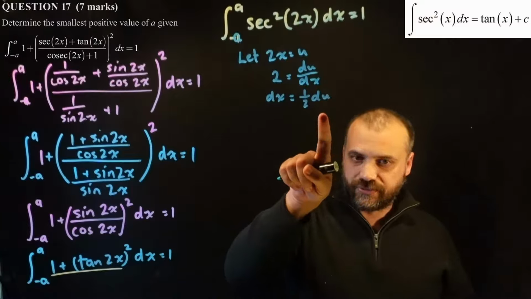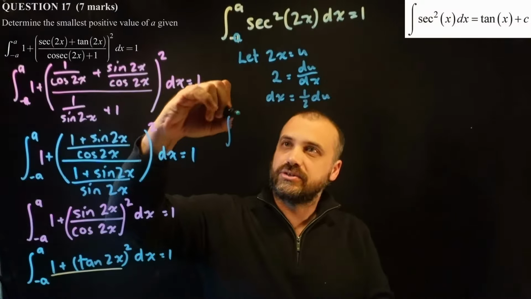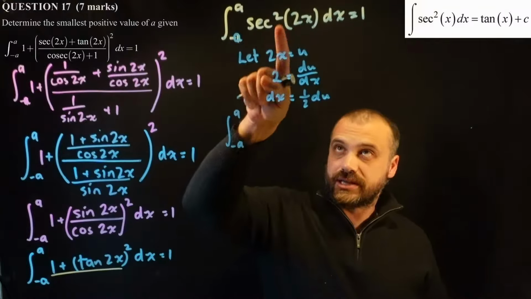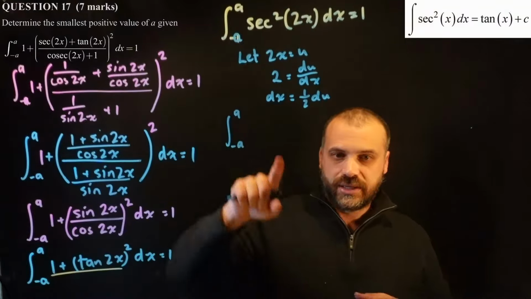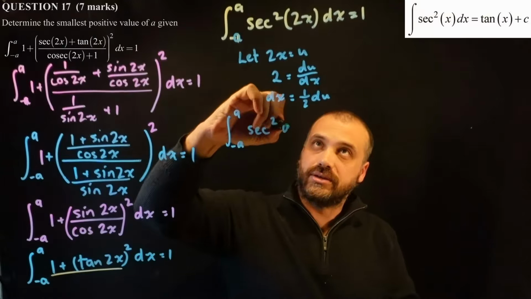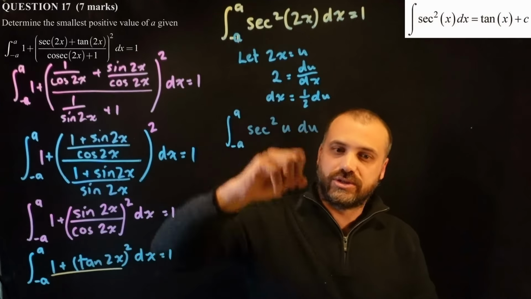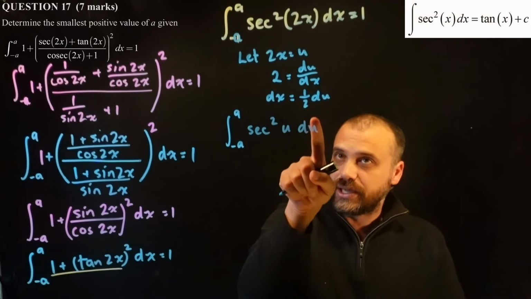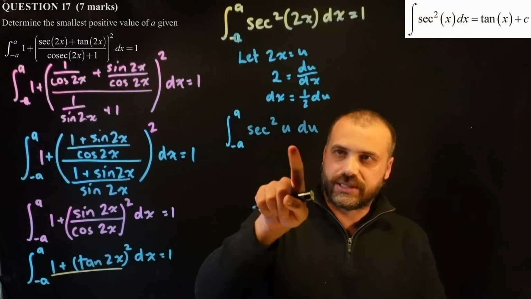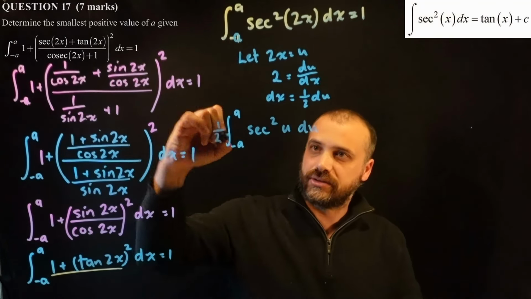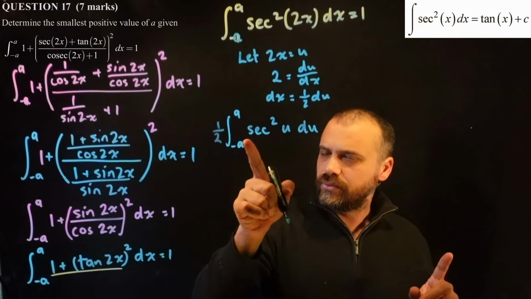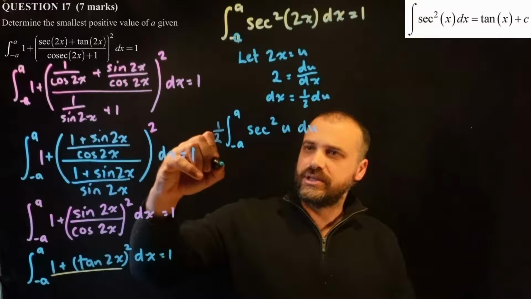Using this piece of information, we can put the integral from negative a to a of sec squared 2x. Now that's going to be equal to sec squared u with respect to u, and we've replaced the dx with half du. So we can take that half and put it right out the front here. Okay, we've got the integral of that. We know what the integral of that is.